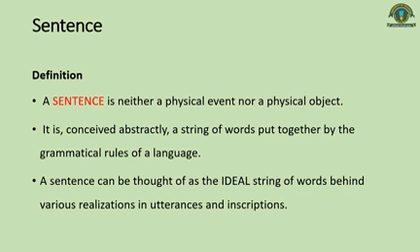A sentence is a string of words put together by the grammatical rules of language, because we can form a sentence by using rules of grammar. A sentence can be thought of as the ideal string of words behind various realizations in utterances and inscriptions. So this is the definition of a sentence.